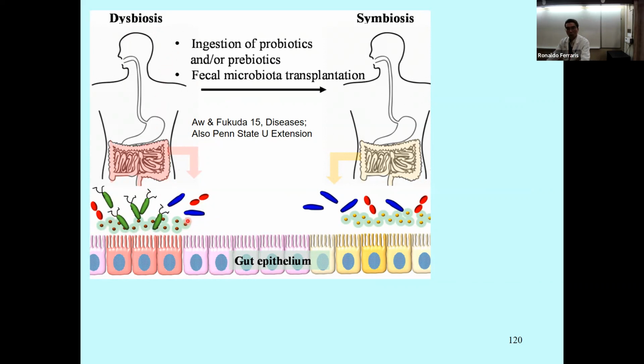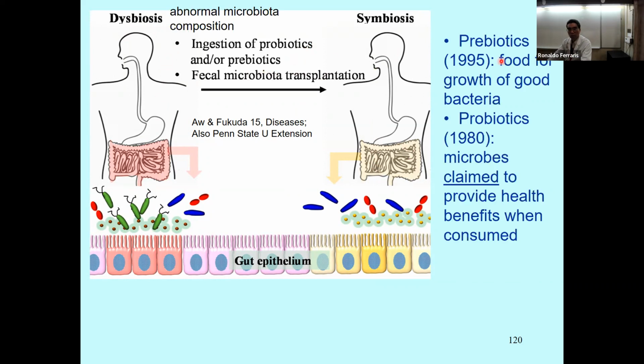So how do you go from an abnormal gut flora to a normal gut flora? Most people just take probiotics, or prebiotics, which is really food for the growth of good bacteria. Probiotics are microbes that are claimed to provide health benefits when consumed.